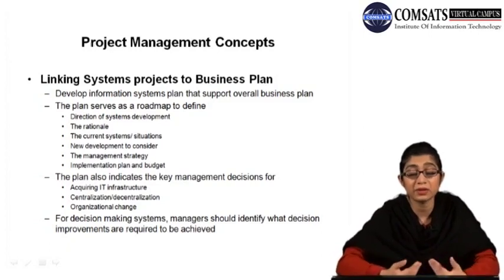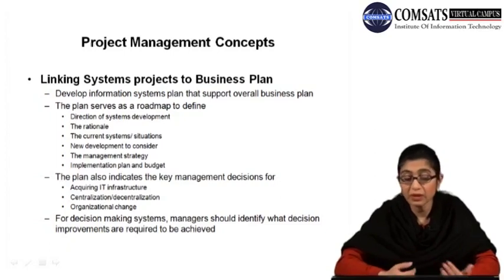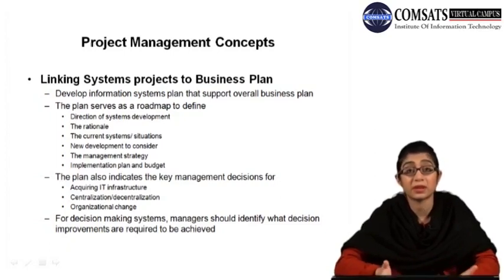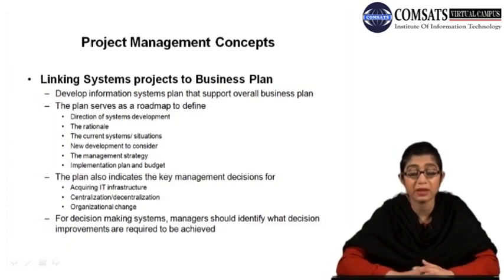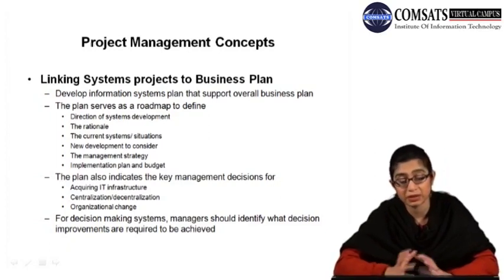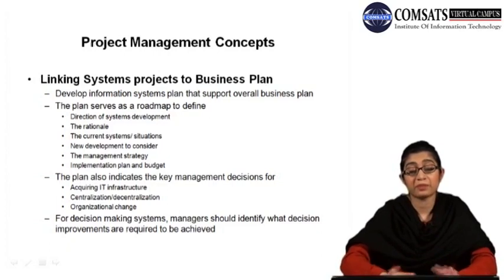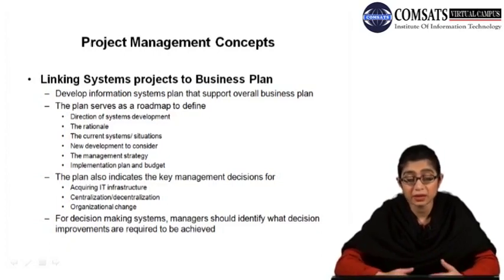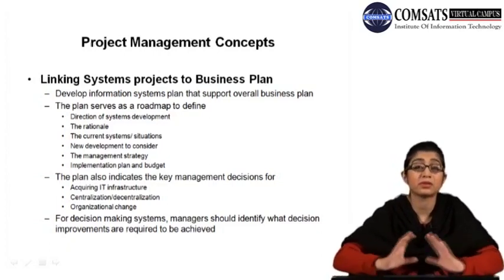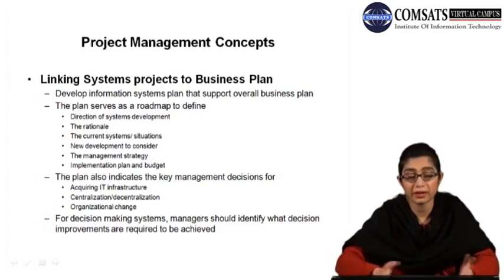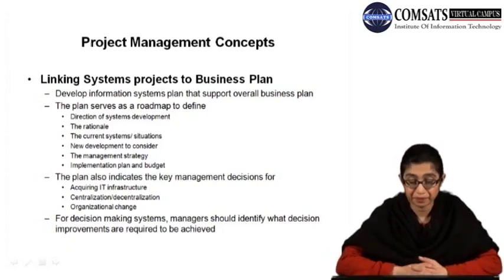Then it gives new developments to consider, what kinds of new systems can be implemented. Then it defines the management strategy for implementing those systems, and the implementation plan as well as the budget. So it basically gives a roadmap, or a guide, to all of these points.